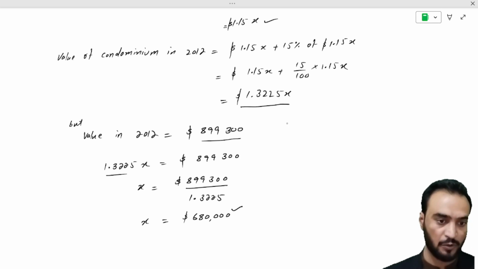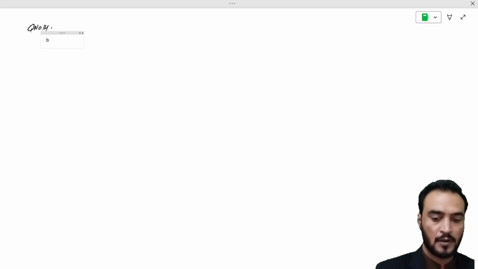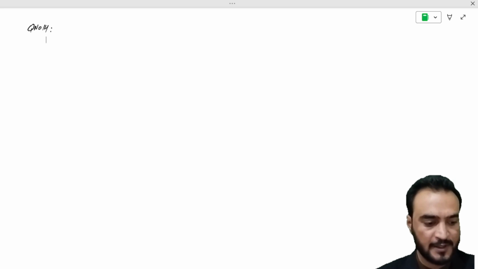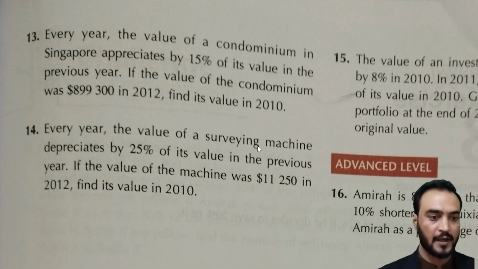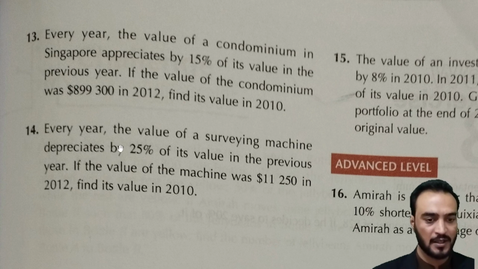Now we will solve question number 14. And question number 14 is here. Every year, the value of a surveying machine depreciates by 25% of its value in the previous year. If the value of the machine was $11,250 in 2012, find the value in 2010.